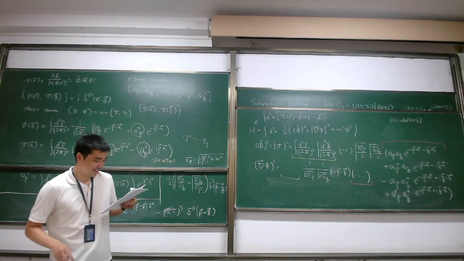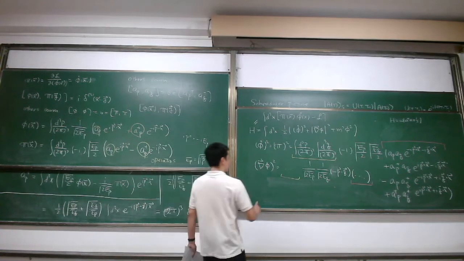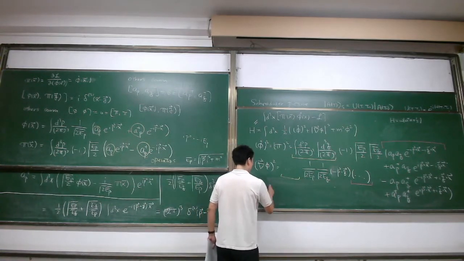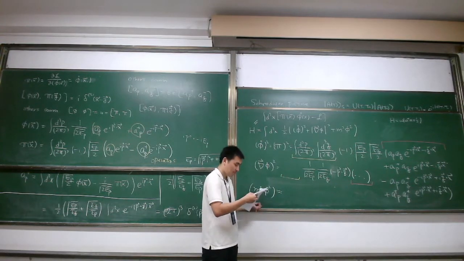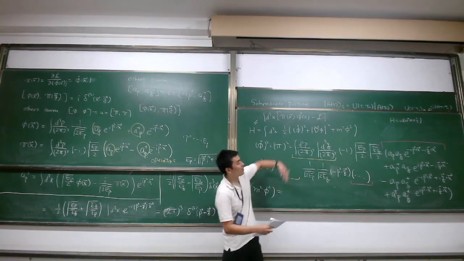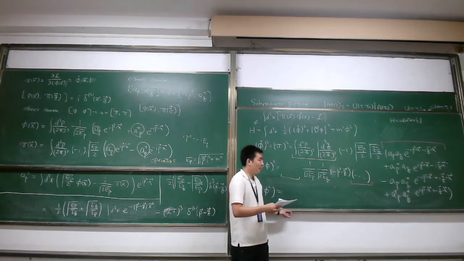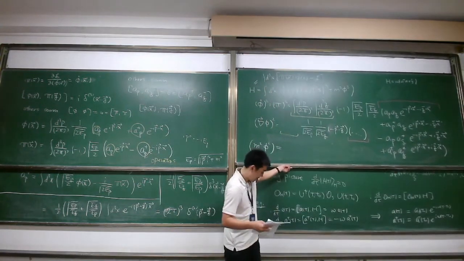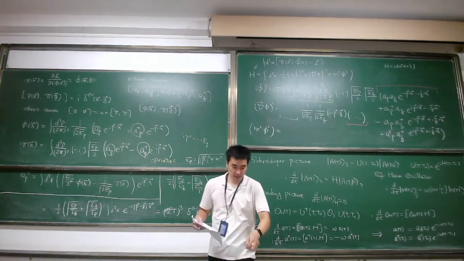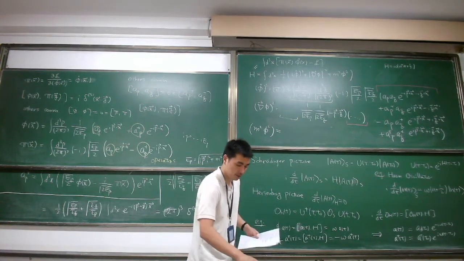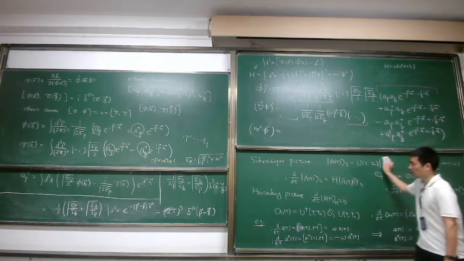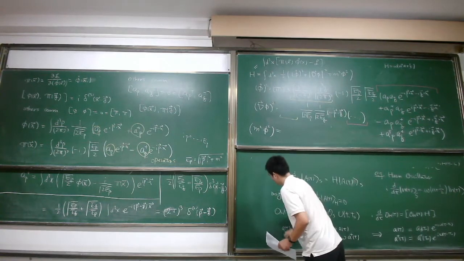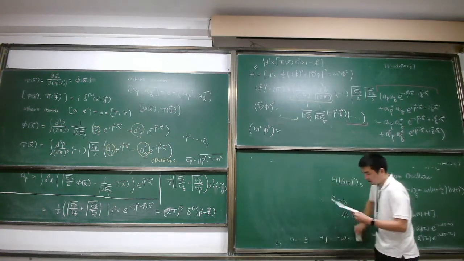And then do the same thing for this one, m squared phi squared, and then plug that one into here. I'm not going to derive everything.